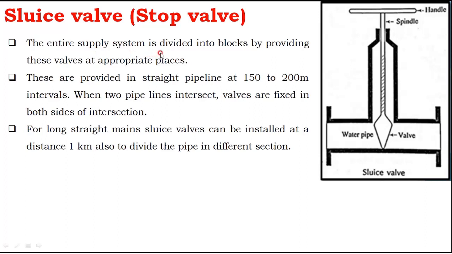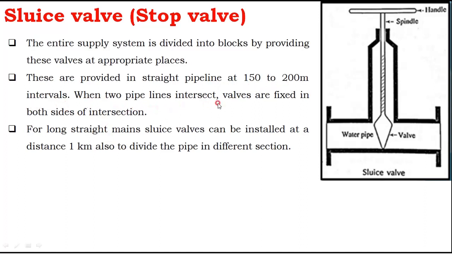The entire supply system is divided into blocks by providing these valves at appropriate places. If a continuous pipeline is there, then you can provide these valves at regular intervals so that you can divide the total supply into some blocks. These are provided in straight pipelines at 150 to 200 meter intervals.